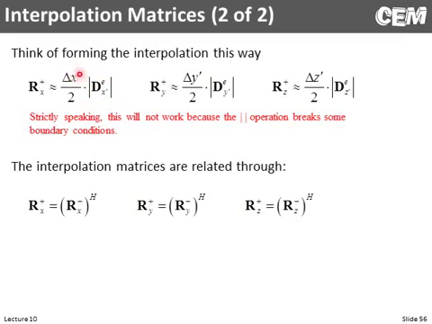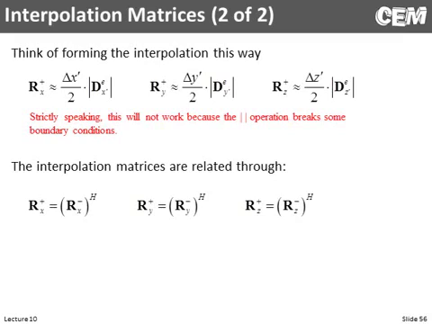We're going to multiply by the delta x to get rid of the delta x from here, and then divide by 2 for the interpolation. And so we can think of our two positive interpolation matrices this way. But strictly speaking, you don't want to do this. You want to copy and paste your code and create a whole new function for creating the interpolation matrices, because when we take the absolute value like that, we break whatever boundary conditions might be in there.